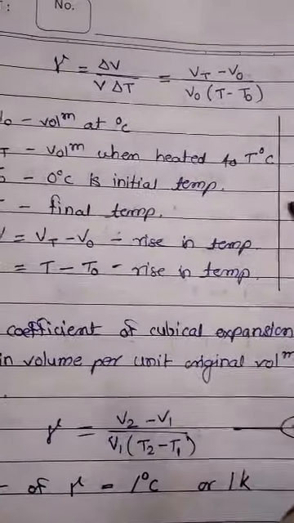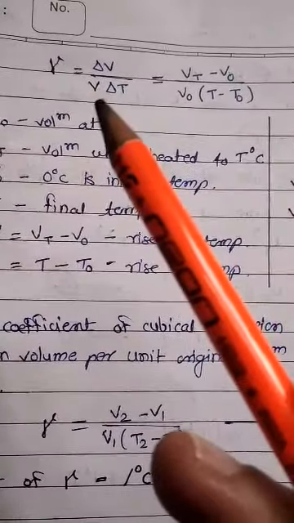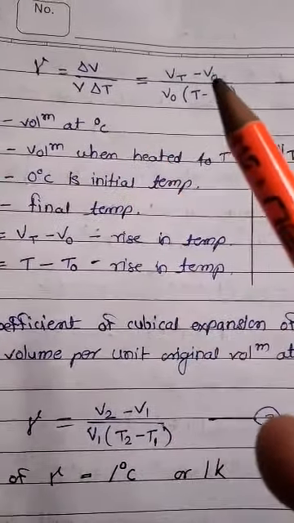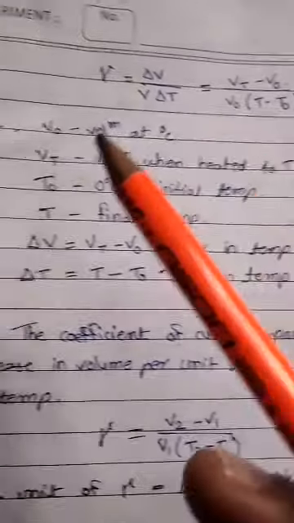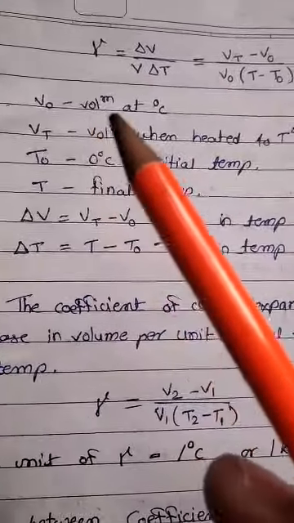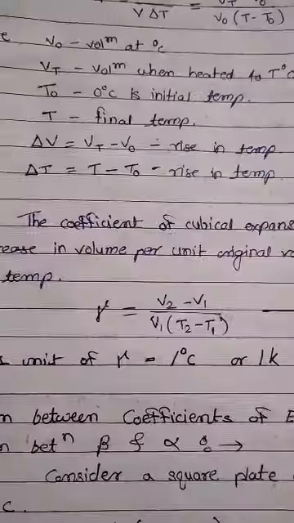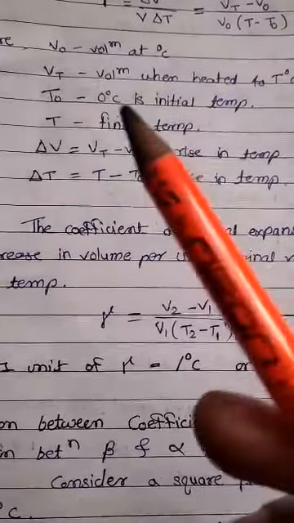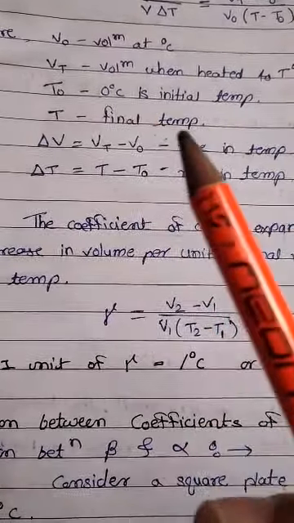Again, rearranging this equation, gamma is equal to delta V upon V into delta T, which is Vt minus V naught upon V naught into T minus T naught. Here V naught is the volume at 0 degree Celsius and Vt is the volume when heated. T naught is 0 degree Celsius, the initial temperature, and T is the final temperature.